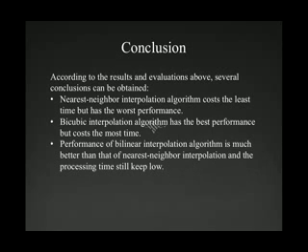The performance of bilinear interpolation algorithm is much better than that of the nearest neighbor interpolation, and the processing time still keeps low. Therefore, based on the three conclusions, the bilinear is the most useful one in our normal lives.